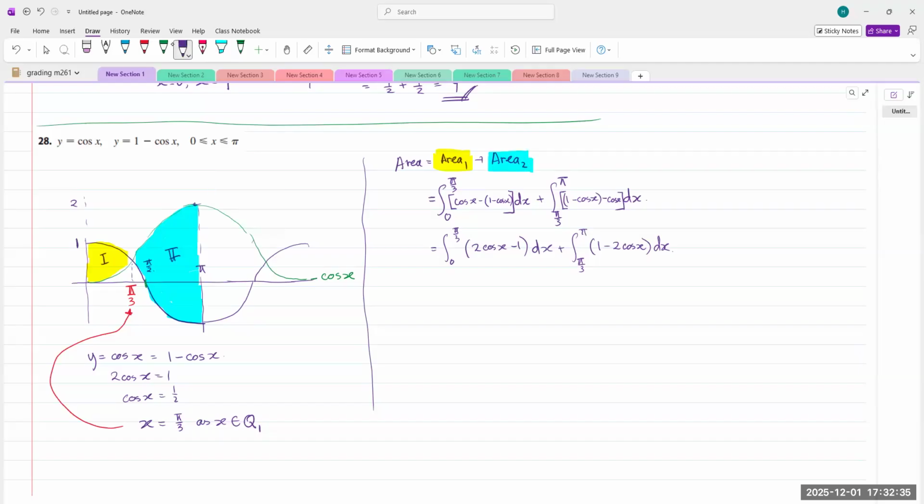Okay. Now then this equals 2 sine x minus x from 0 to pi over 3 plus x minus 2 sine x from pi over 3 to pi.